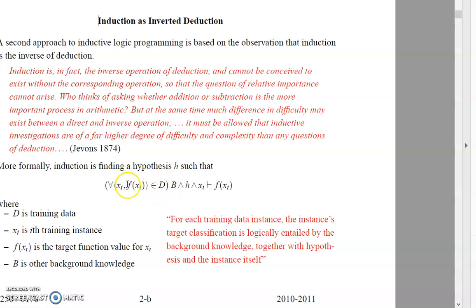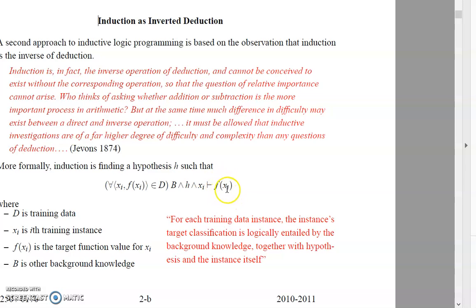So xi, f of xi belongs to the set of instances D, and we are introducing one new terminology, capital B, which is the background knowledge of the set of training examples. In conjunction with the hypothesis H and the given training instance, this is the symbol for deduction, I am getting the target concept f of xi.